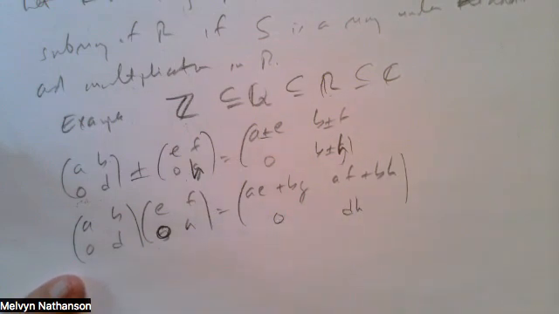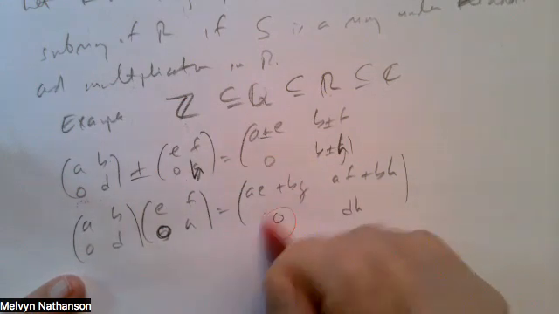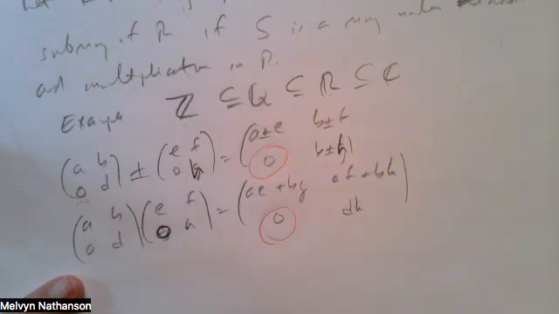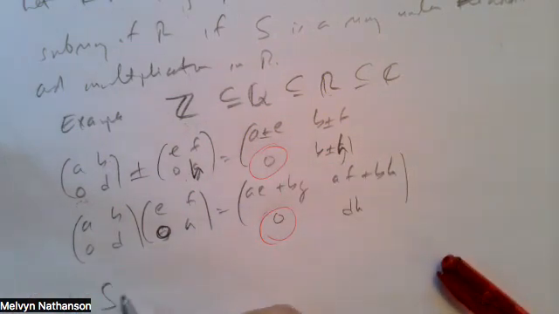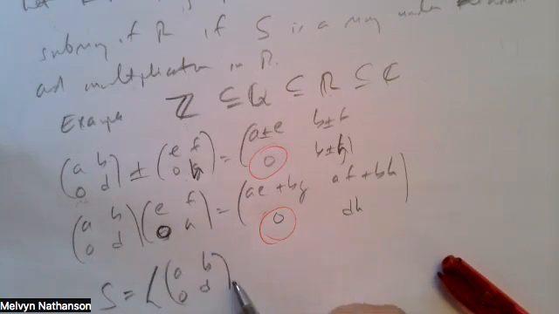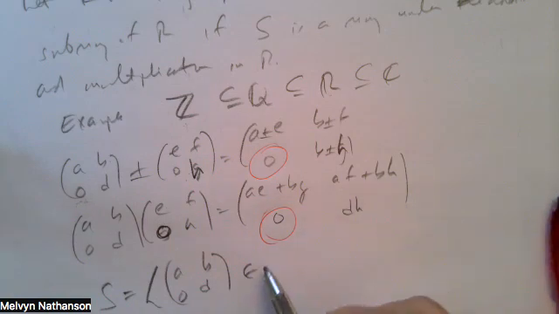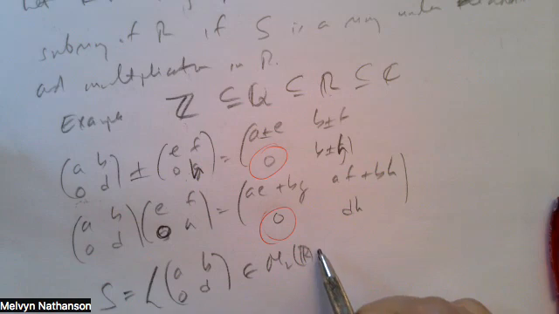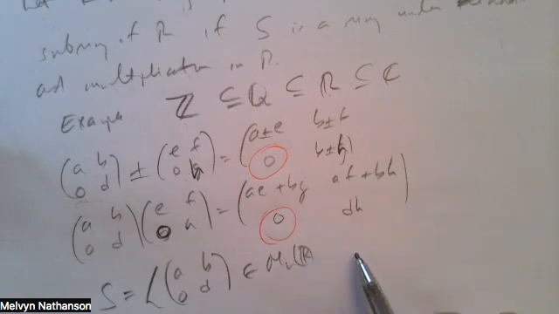So this also has a 0 in the lower left-hand corner. So the set of matrices, say S, all matrices A, B, 0, D in M2 of R, is a subring.